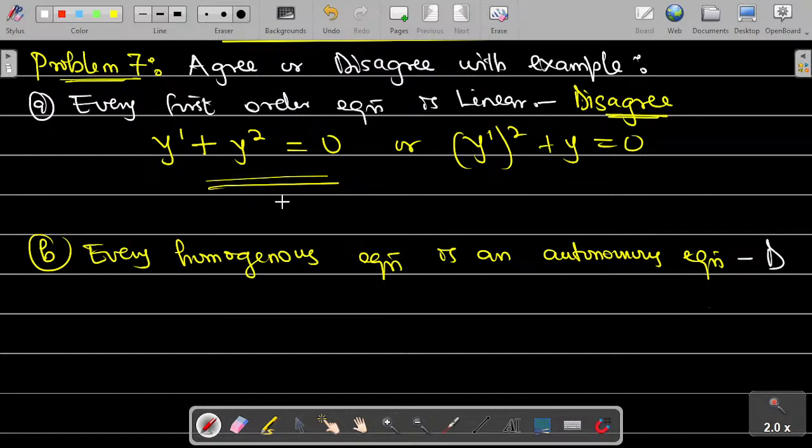Now when we have something like y prime equal to y over x, is it homogeneous?